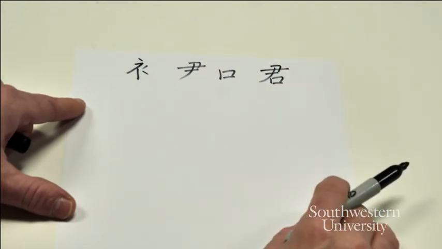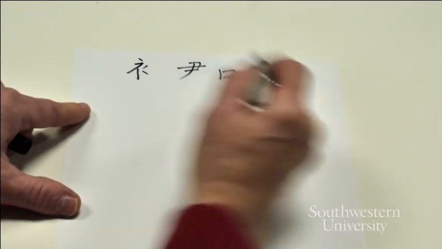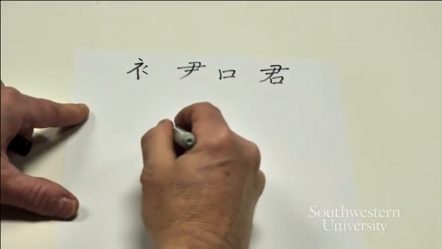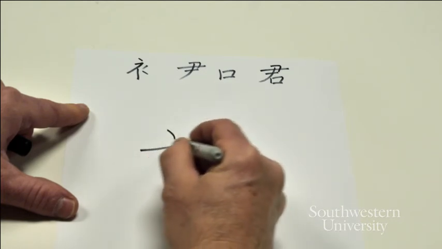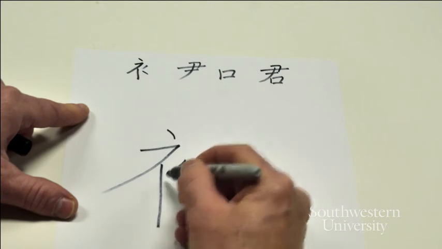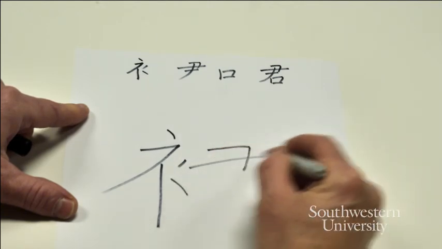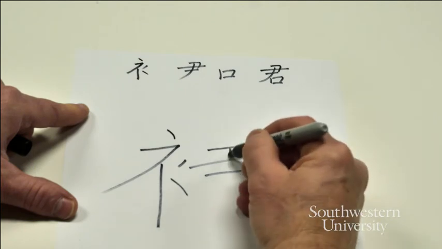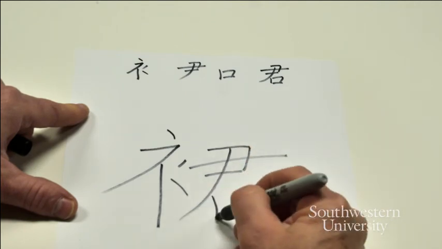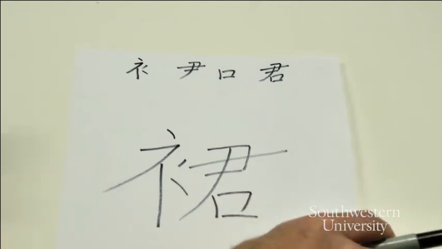Why they would call themselves a servant, I don't know. Just phonetic here. Dian, heng, pie, shu. Dian, dian, heng, zhe, heng, pie, shu, heng, zhe, heng, qun.